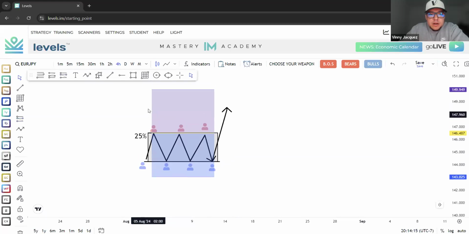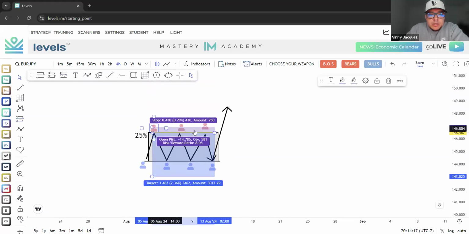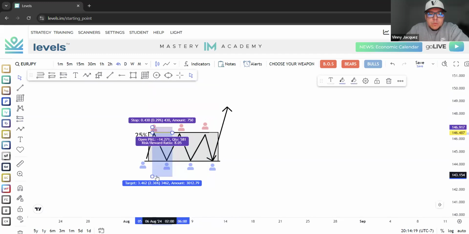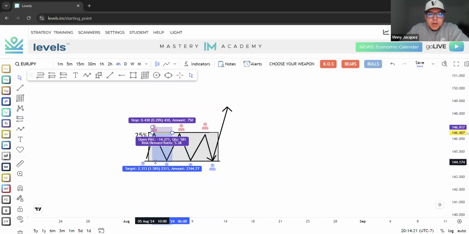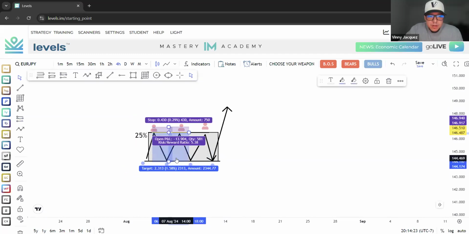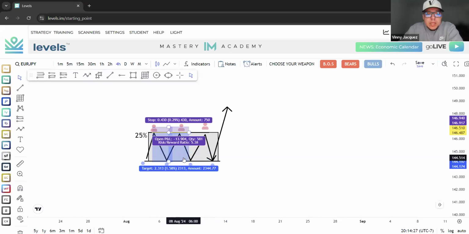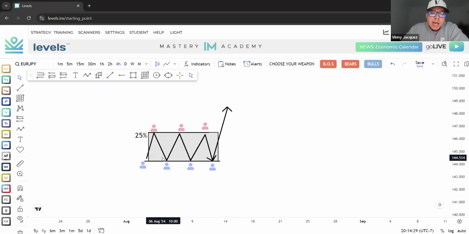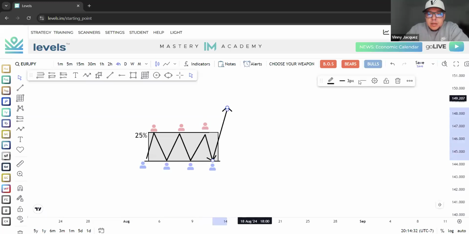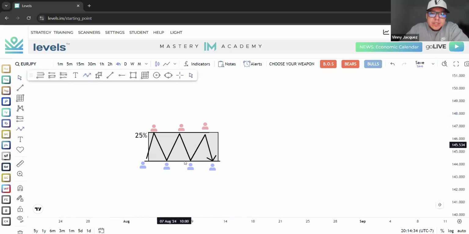They're trying to sell off this area and put their stop just above here, and their take profit is right at resistance. So everybody who is doing this, boom, that's how they're trading it. So we need them to get swept. We need them to get clapped, unfortunately. Does that make sense, guys? We need them to take a loss so our next step in the head and shoulder setup can happen.